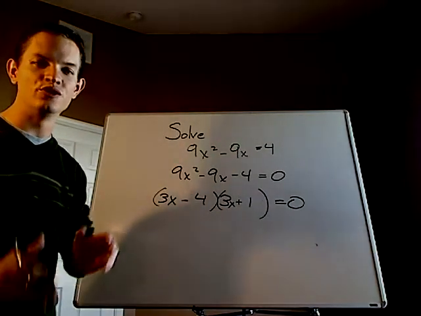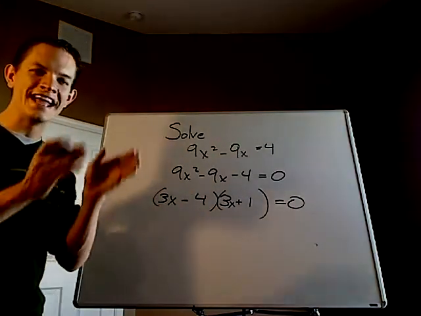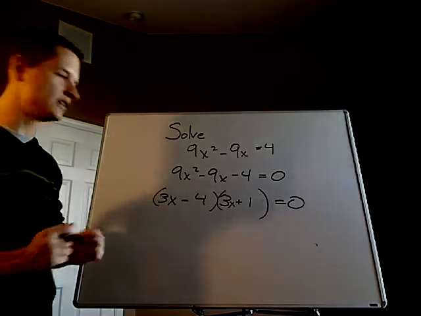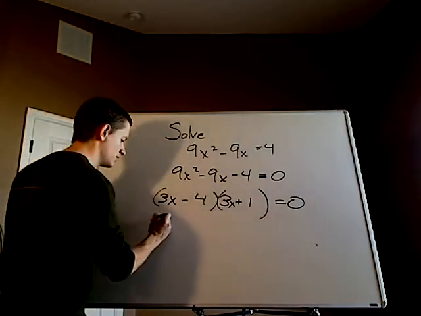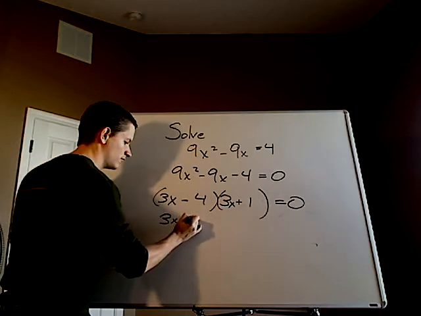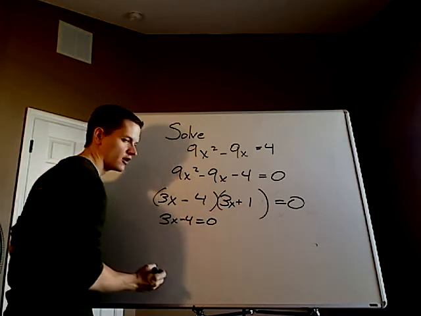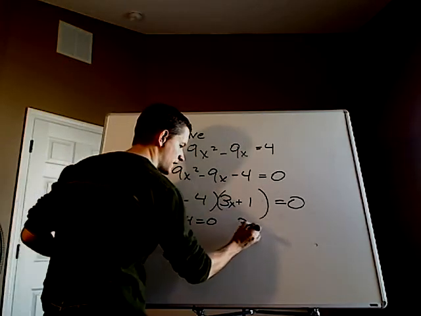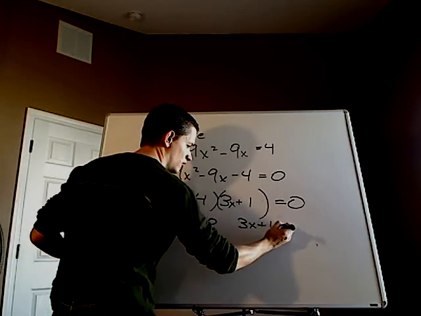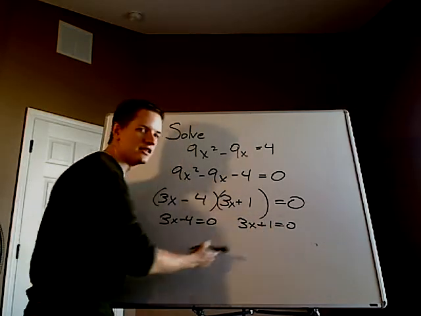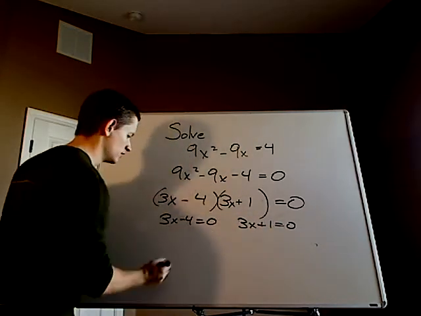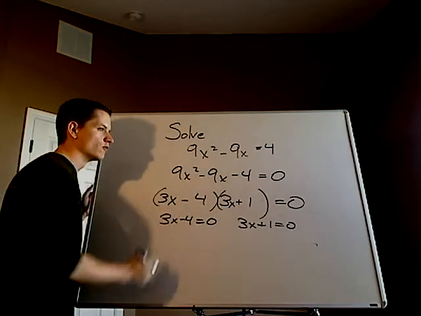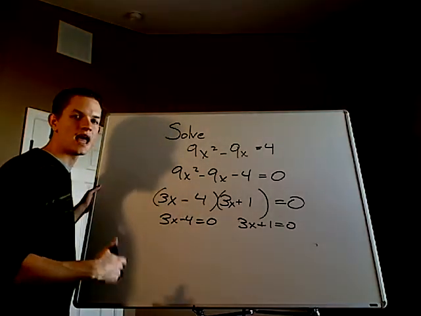Then what you want to do is use the zero product principle and set each of those parentheses equal to 0. So you have 3x minus 4 equals 0. And then you have 3x plus 1 equals 0. And solve for x in each of these. I have negative 4. The opposite of negative 4 is adding 4.